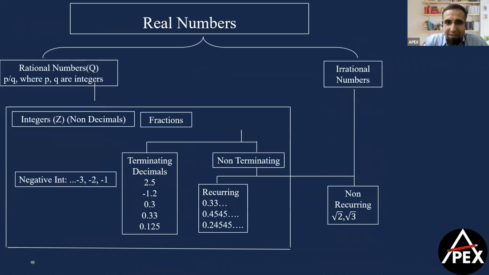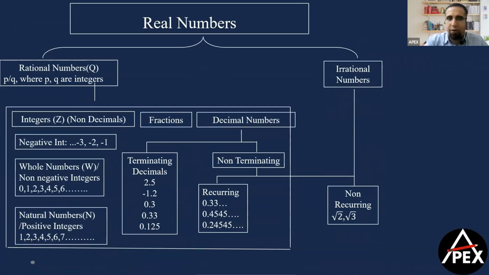So to sum it up, guys, this is my complete numbers tree, right? We saw that we have rational numbers, which can be written in the form of P by Q. Under rational numbers, we have integers. Under integers, we have non-negative integers, whole numbers, and natural numbers, which are called non-negative integers and positive integers also. Under fractions, we have pure fraction, proper fraction and improper fraction.